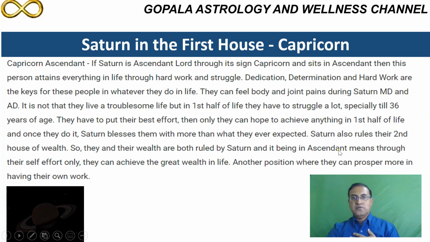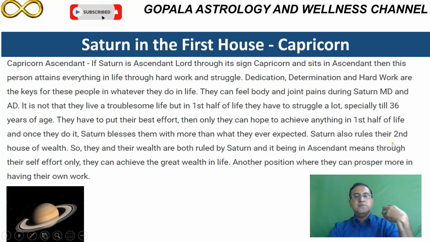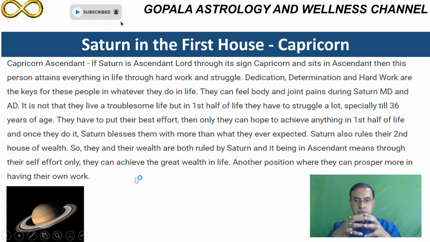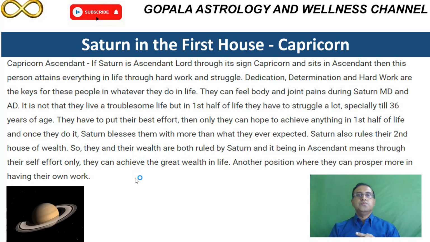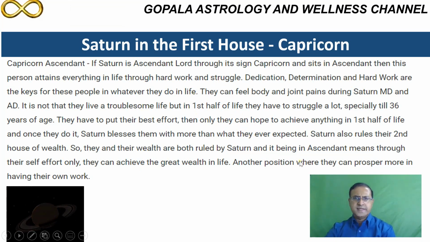So the second half of life is going to be converted to Aquarius, and being the Lord of Aquarius also sitting in the first house, he's going to make you save a lot of money, and you're going to earn a lot of money also with your own effort. So this is a very good combination, but the first half of life will be a lot of struggles with ups and downs and all that. They work very hard, in fact.